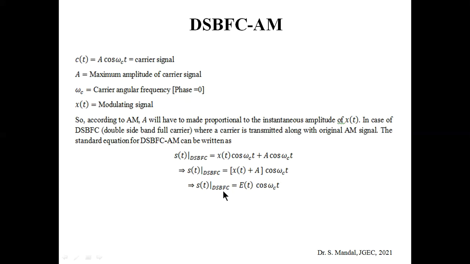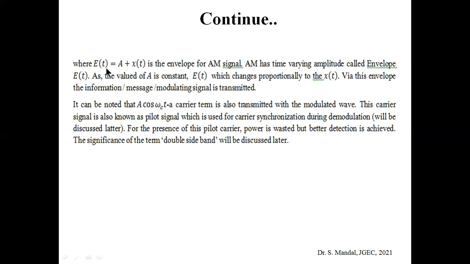So DSBFC can be written as e(t) cos ω_c t, where e(t) is the envelope of the modulated wave, and e(t) is A plus x(t). So here we are writing e(t) equal to A plus x(t), and it is the envelope of the AM signal. Here you can see that the envelope is not constant, it is a function of t.